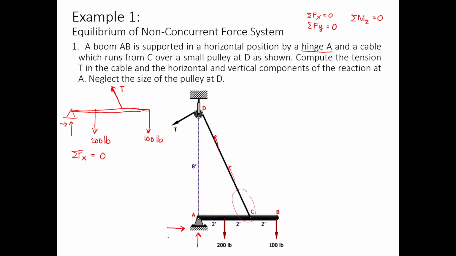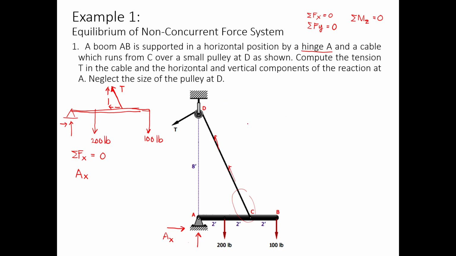One comes from the support at A, that will be A sub x since that one is going to the right, and the other one going to the left is the component force coming from the tension cable. Since this one is diagonal, as we have learned from our previous discussion, we can resolve this one into its horizontal and vertical components.